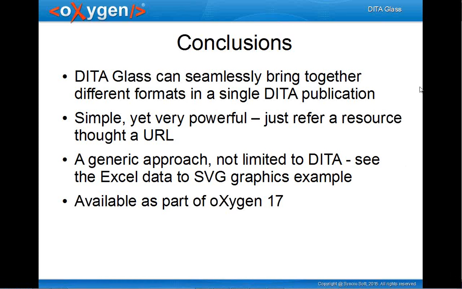responding to those questions, so everyone can hear them, just a few conclusions. And hope you liked the examples that Radu presented, and that you've seen that basically the data glass seamlessly brings together different formats within a data publication, and he showed a number of different formats published through the Data Open Toolkit as web help, but it can be PDF, EPUB, or any other output format.